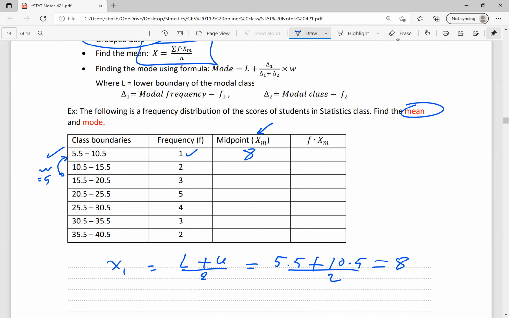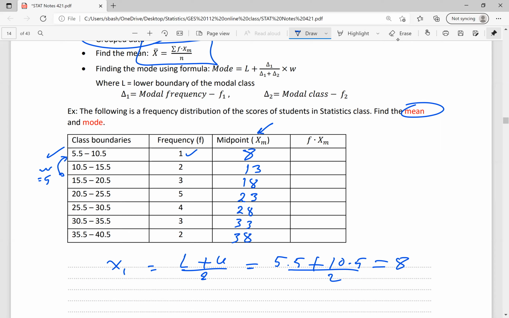So if we add 5, I will have 13, plus 5 is 18, plus 5 is 23, plus 5 is 28, plus 5 is 33, and plus 5 is 38.